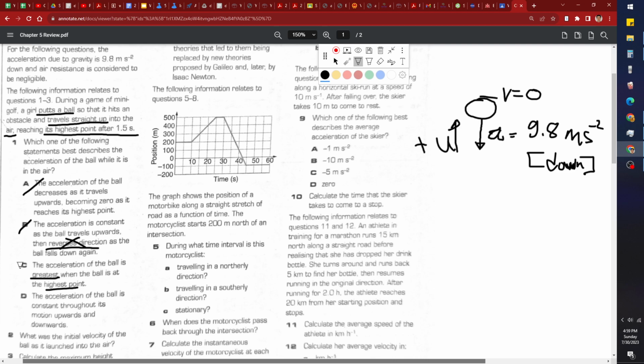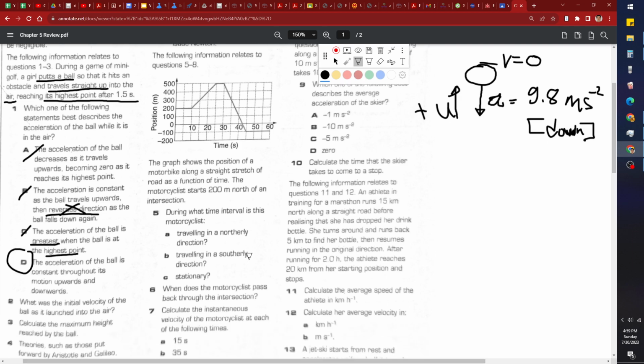That's not true either. Okay, so D, because again, acceleration due to gravity means the acceleration is always the same. The acceleration of the ball is constant throughout the upwards and downwards motion. Yes, that is true. So D is number 1.